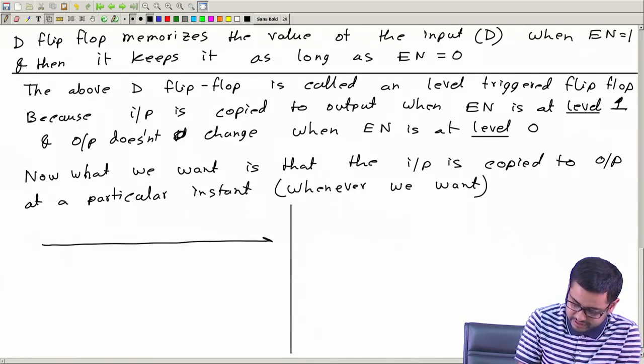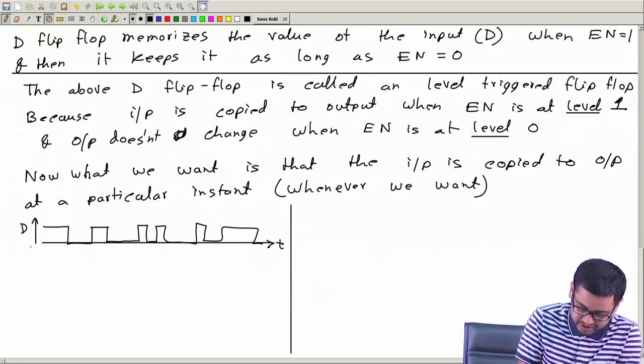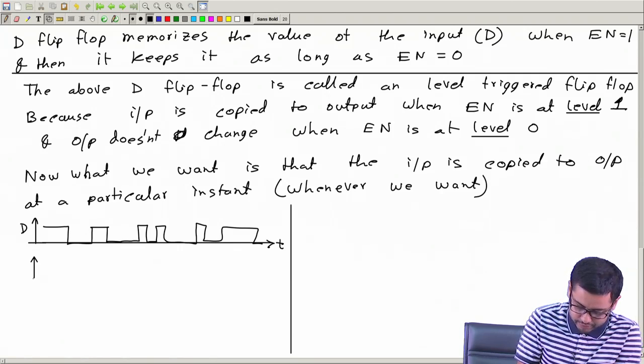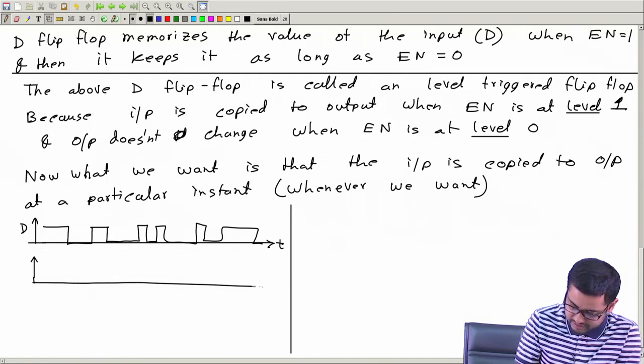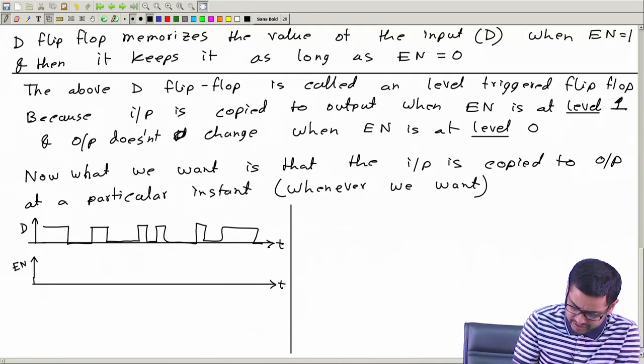This is time t, and this is the value of D, which is changing with time, and say we have time versus enable, this is En, and say this enable is changing like this.